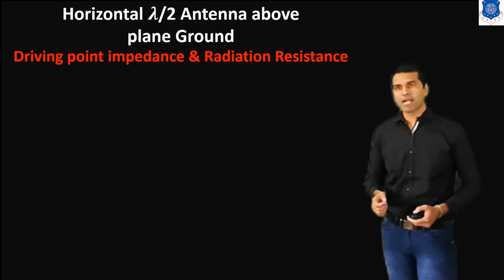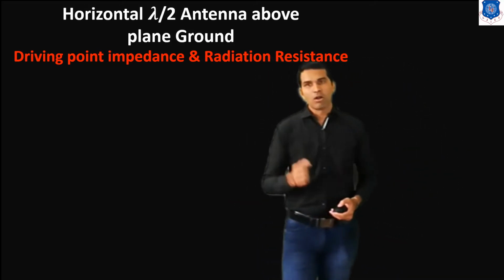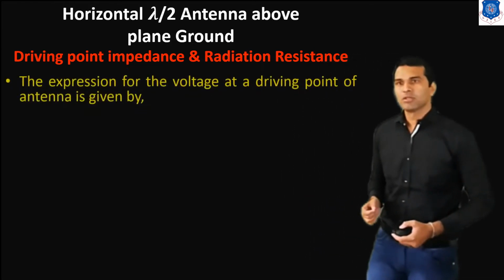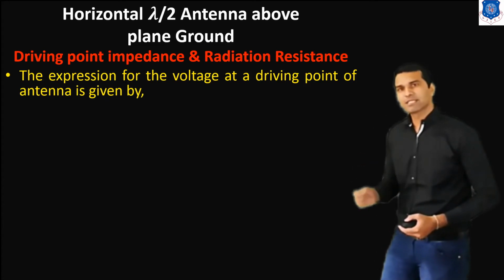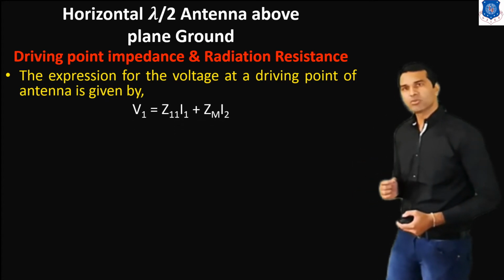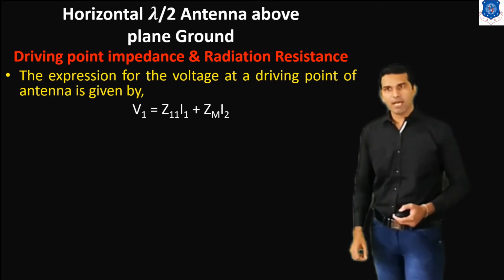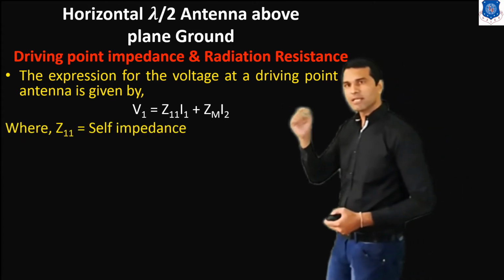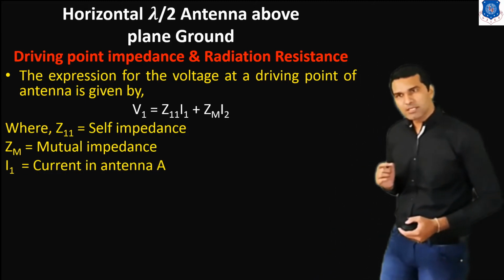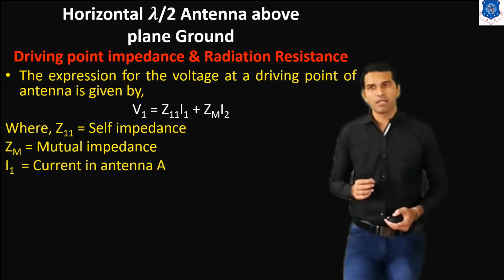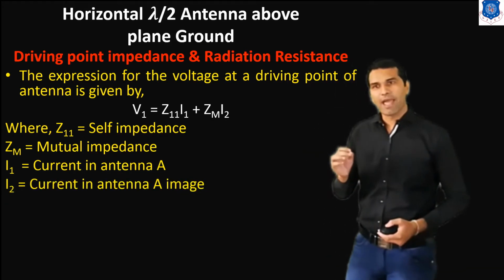Now we discuss the driving point impedance and the radiation resistance of the horizontal lambda by 2 antenna. The expression for the voltage at the driving point of the antenna is given by V1 equals Z11 I1 plus Zm I2. Here Z11 indicates the self impedance, Zm indicates the mutual impedance, I1 is the current in the antenna A, and I2 is the current in the antenna A image.